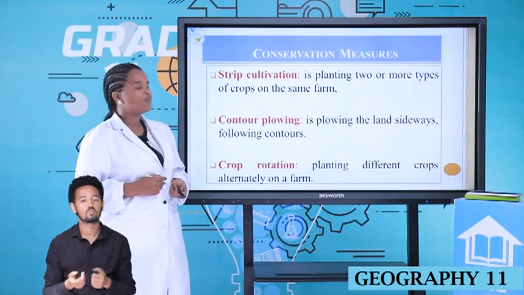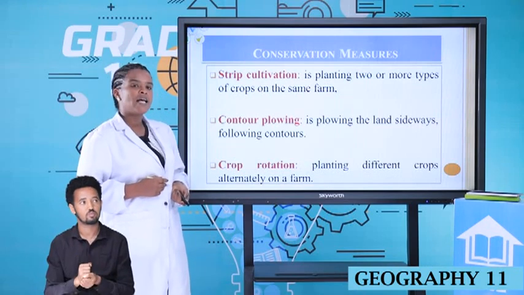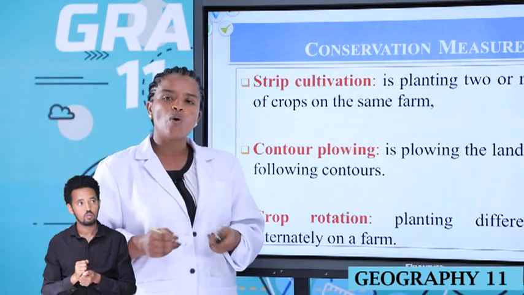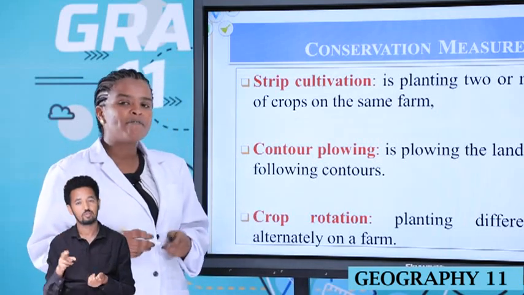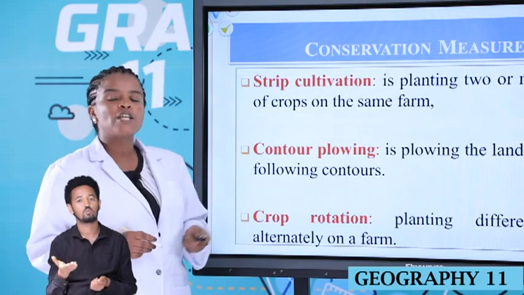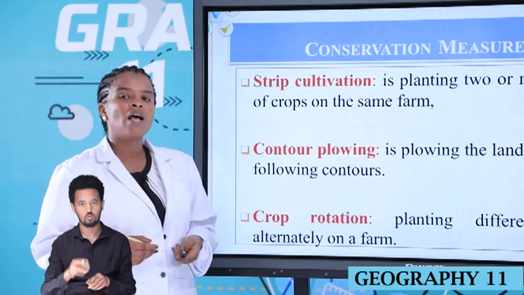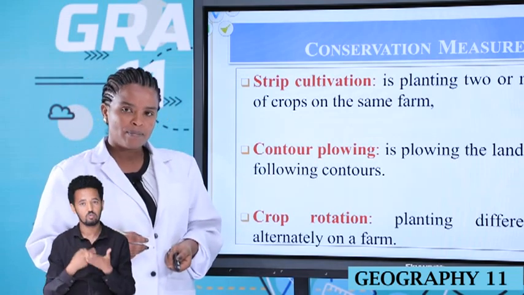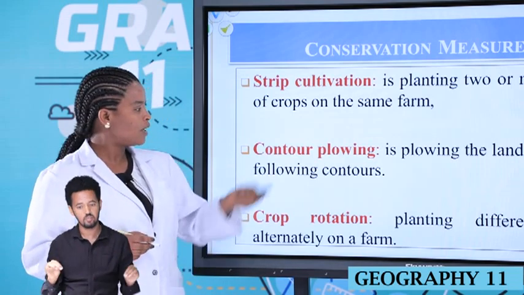The other method of soil conservation is strip cultivation. Strip cultivation is planting 2 or more crops using the same farmland. This is important to reduce running water. Contour plowing is another soil conservation measure.